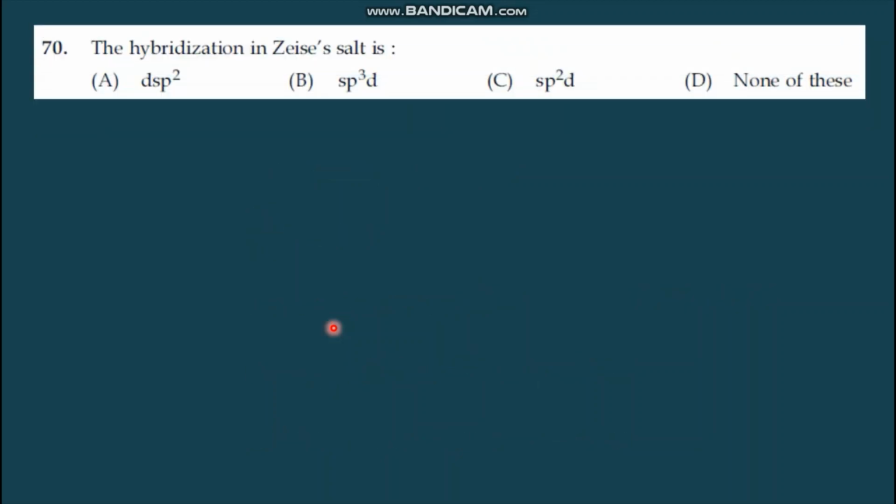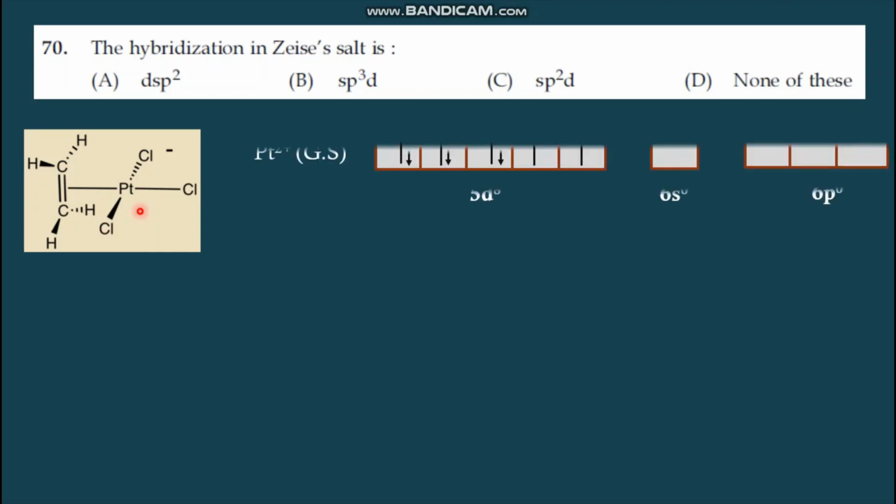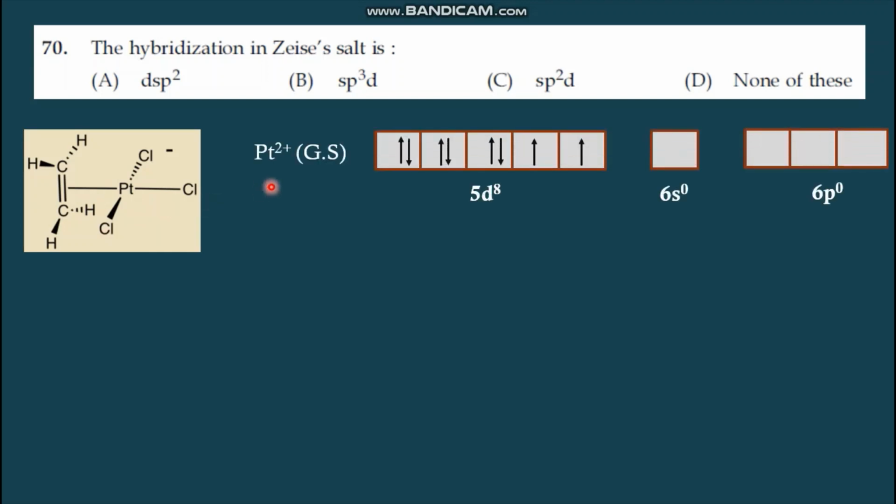Next, last question, the hybridization in Zeise's salt is. Zeise's salt means it's a platinum complex with alkene and 3 chloride ions, and platinum has an oxidation state of +2 and its ground state configuration is 5d8 6s0 6p0.